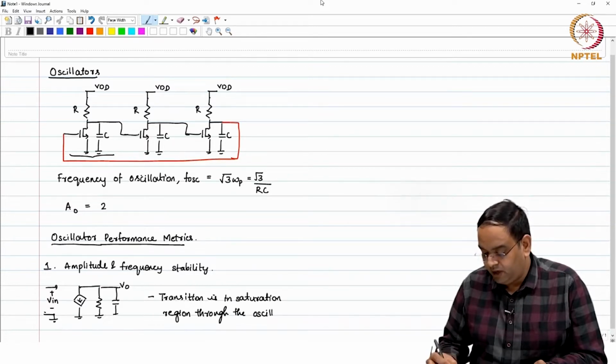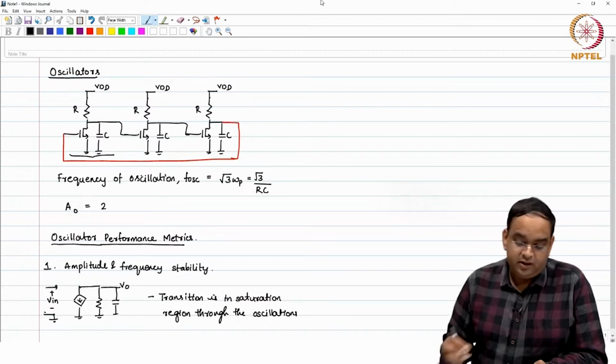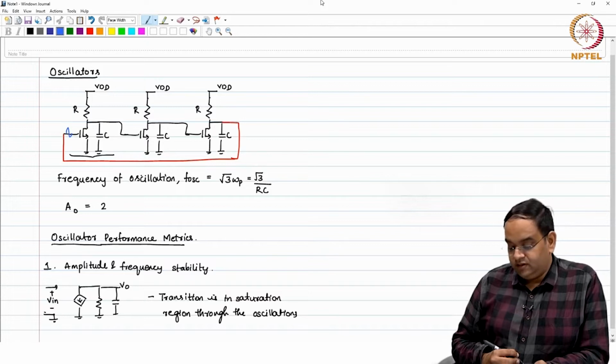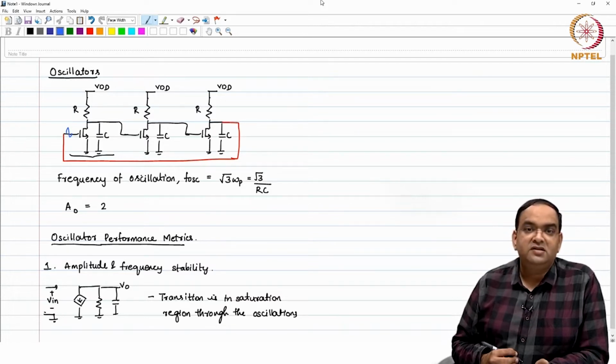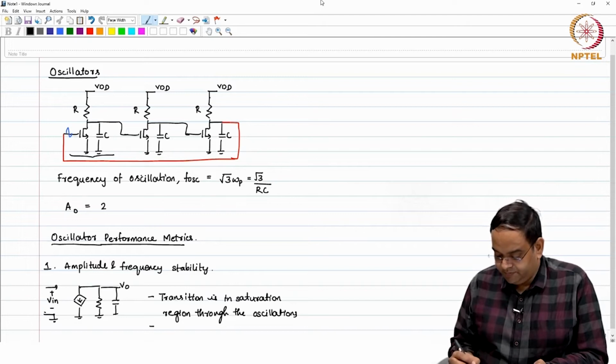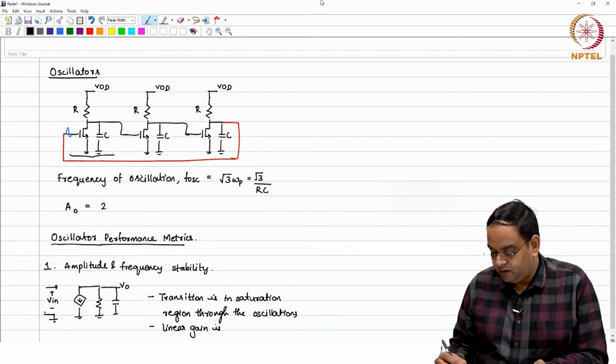So, even when you have some swing at the input and output nodes, the transistor remains in saturation region, and the linear gain is maintained throughout oscillations.